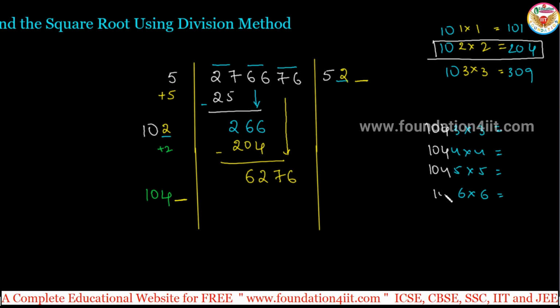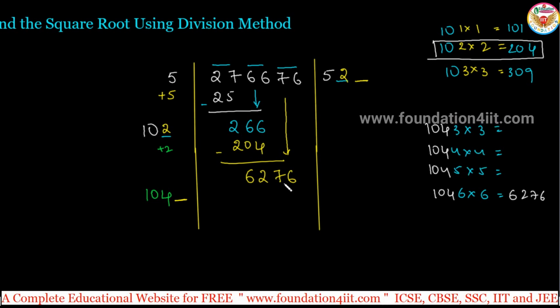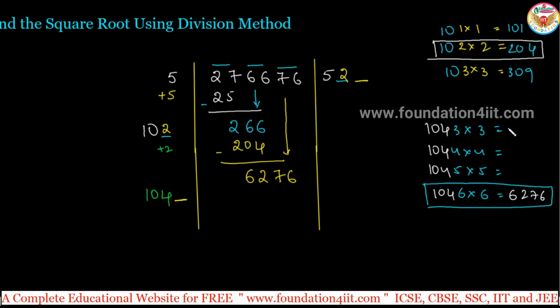Remember, 1046 into 6 will give 6276. It should be equal to 6276 or less, it should not be more than that. That means according to this we need to take this one. The other digits give values less than this, no? So 1046 into 6 is 6276.